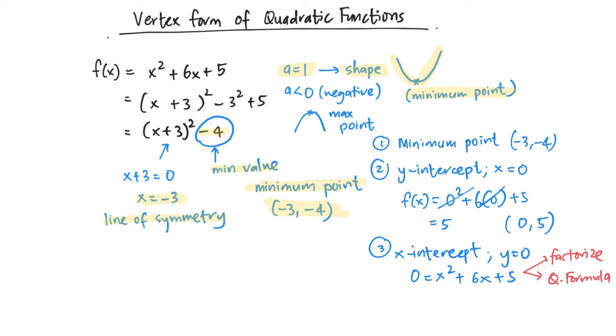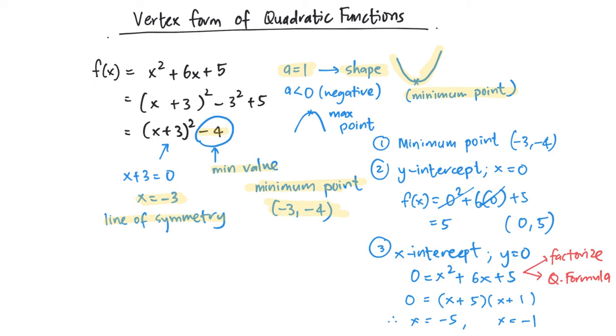If we can't factorize, that is when we use the formula. I think this one can factorize. 5 and 1, 5 plus 1 makes 6. Therefore x equals negative 5 and the other x equals negative 1.